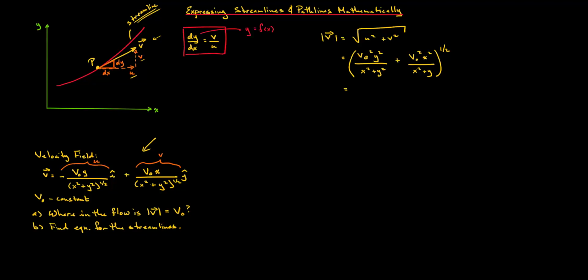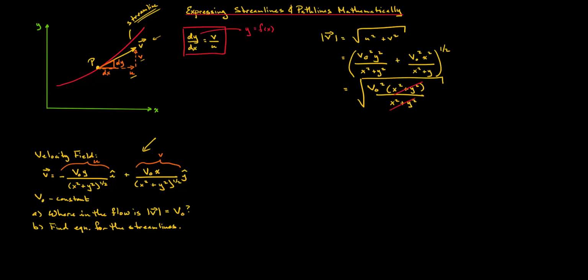So let's group like terms. We see we have the same denominator everywhere, so we can just add up the numerators there. We're going to factor out v naught squared, so we have x squared plus y squared, and then we're dividing by x squared plus y squared, and we're taking the square root of this whole thing.